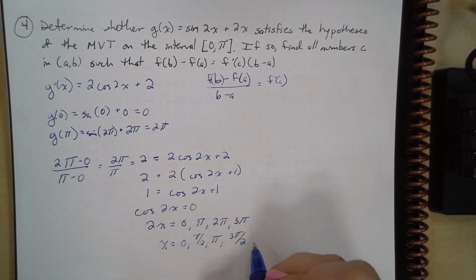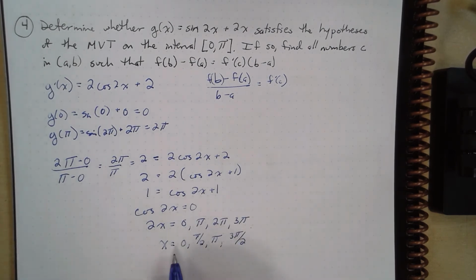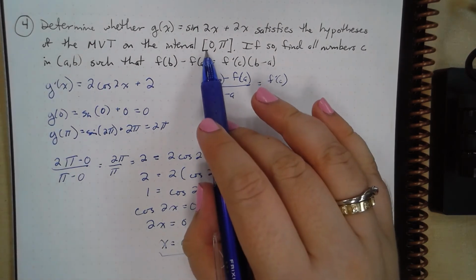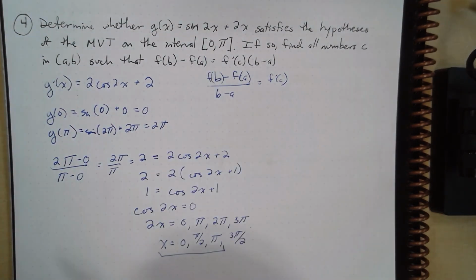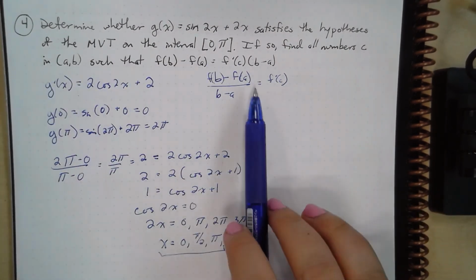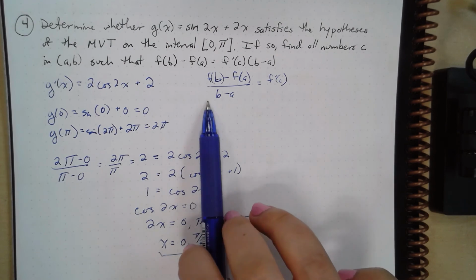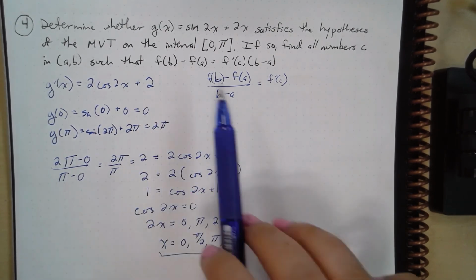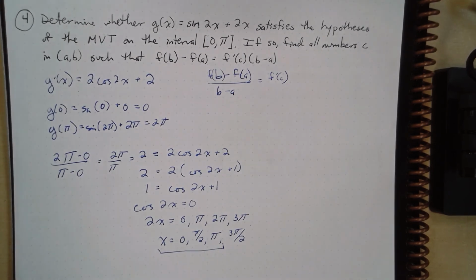And these, well, 3 pi over 2 does not actually, but the rest fall within our interval from 0 to pi. So the numbers in a to b that are equal to this average rate of change equal to the instantaneous rate of change are 0, pi over 2, and pi.